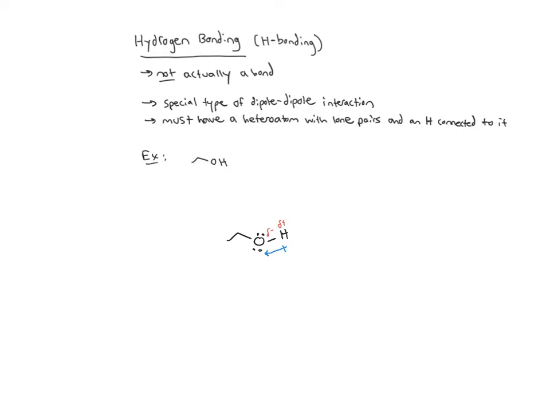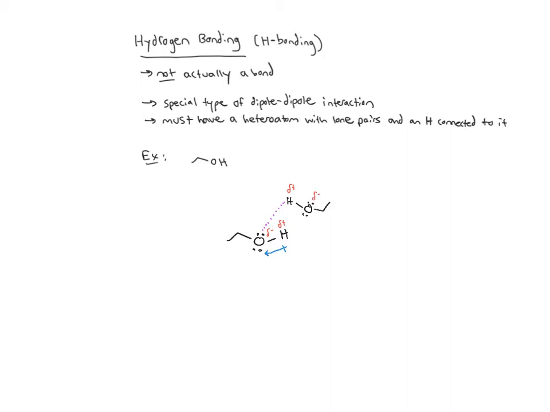What's going to happen if another molecule comes along? Let's say we have another molecule coming along with an oxygen and a hydrogen. The oxygen with its lone pairs can start to interact with the H. In this molecule, that H is also delta plus, and the oxygen here is delta minus.